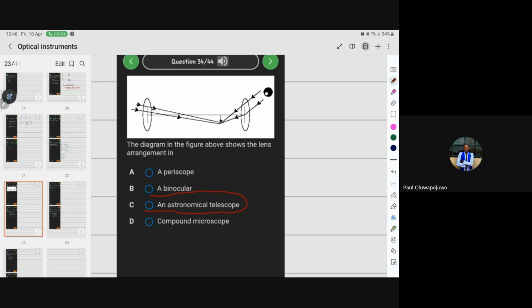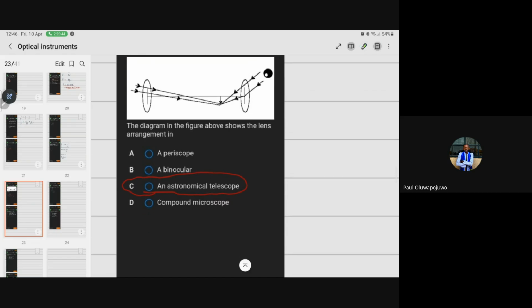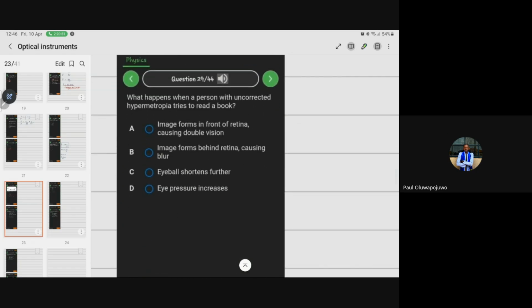So once you see that inverted image, if you are viewing through a telescope, are you seeing an inverted image? So once you can see that the image is inverted, this is where the image is formed. Once you see that inverted image, it should tell you that you're dealing with a telescope.